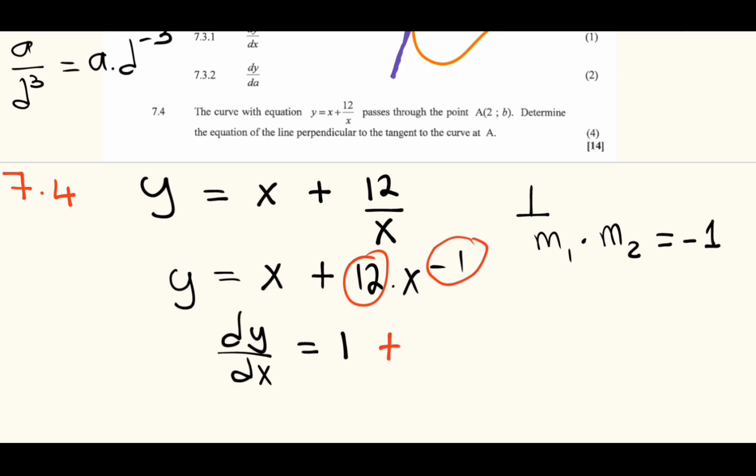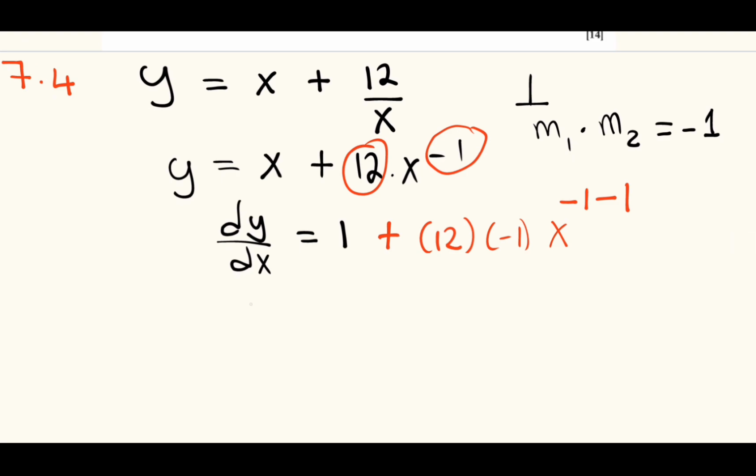So we have 12 multiplied by -1 multiplied by x to the power -1 minus 1. dy over dx will be equal to 1. 12 multiplied by -1 will be equal to -12. x raised to the power -1 minus 1 will be equal to x to the power -2.